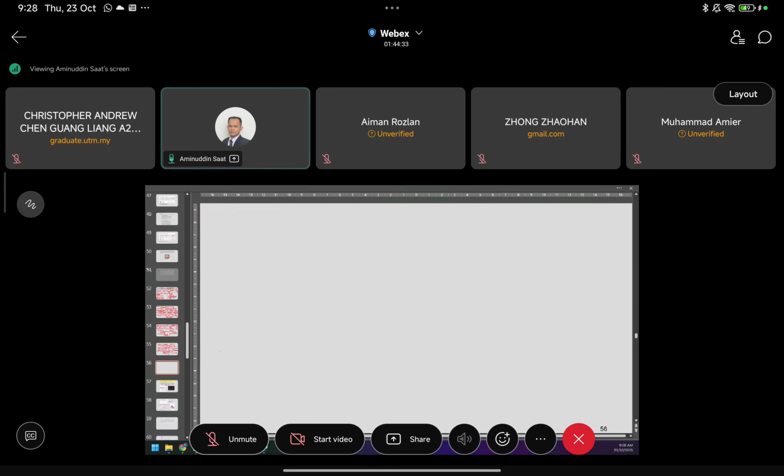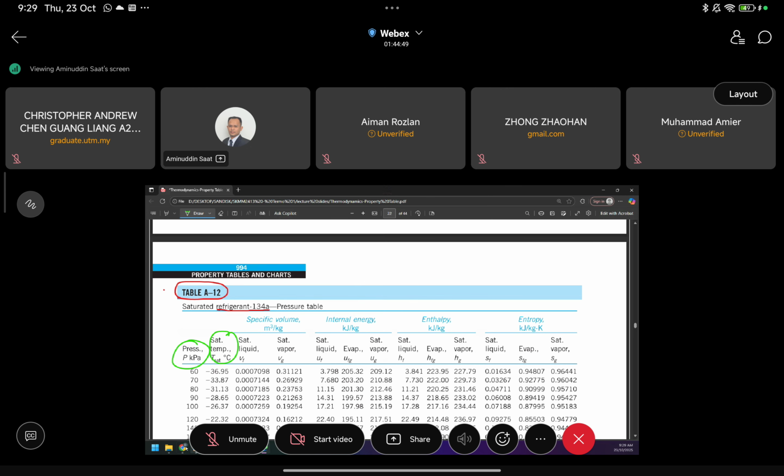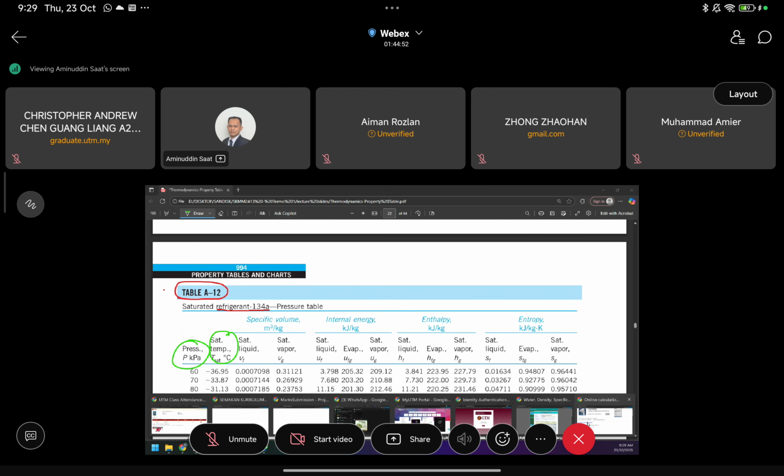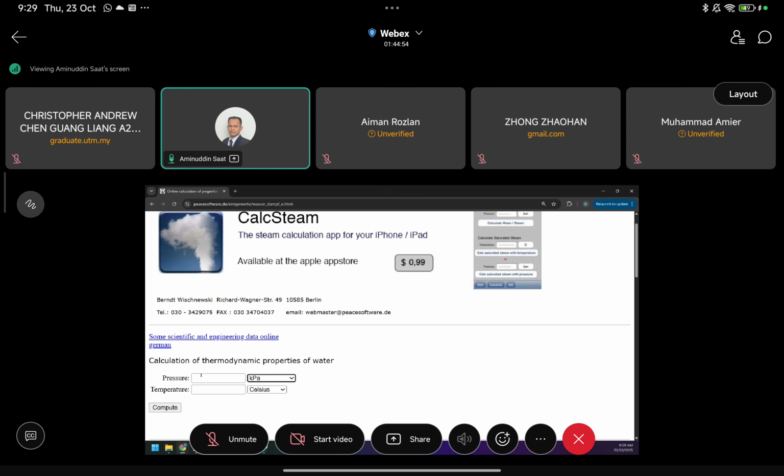Let's say we need to find the water at 100 kilopascal, 200 degrees Celsius. So I put here 100 kilopascal and 200 degrees Celsius.